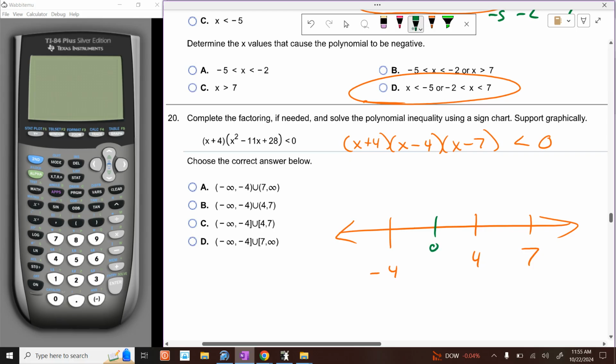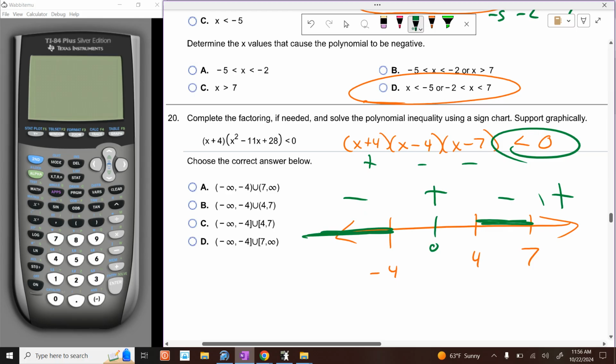So then if we check what 0 is, if we put a 0 in here, we get positive, negative, negative. A positive times a negative is a positive. So we're positive there, negative there, positive there, negative there. So where are we negative? Because that's what it's less than 0 is negative. Well, from negative infinity to -4, and in between 4 and 7.